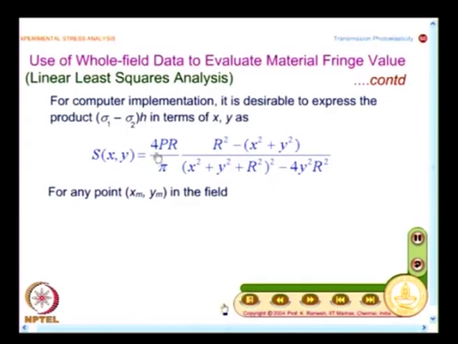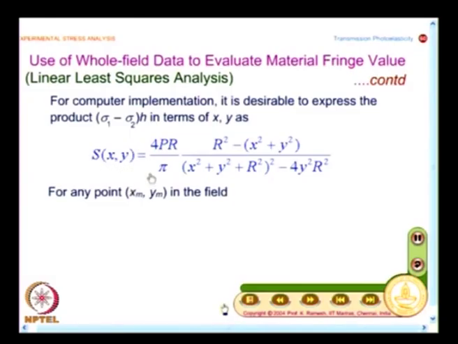So, I have this as 4 P R divided by pi, multiplied by (R squared minus (x squared plus y squared)) divided by ((x squared plus y squared plus R squared) whole squared minus 4 y squared R squared). Instead of writing this complete expression every time, I will simply label it as S(x, y).